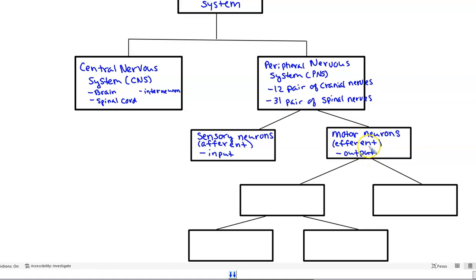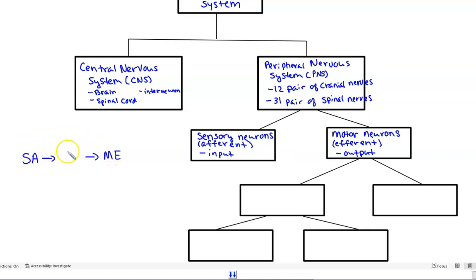I didn't make this up. I watched a Khan Academy video and thought this was really cool. He used the word SAME. So you have sensory coming from the peripheral nervous system. Sensory is afferent.